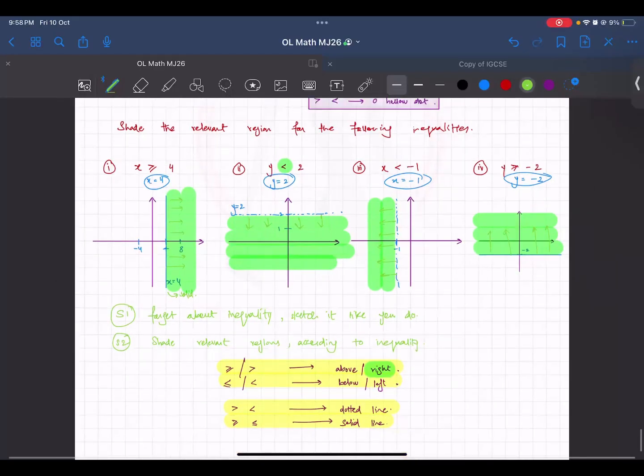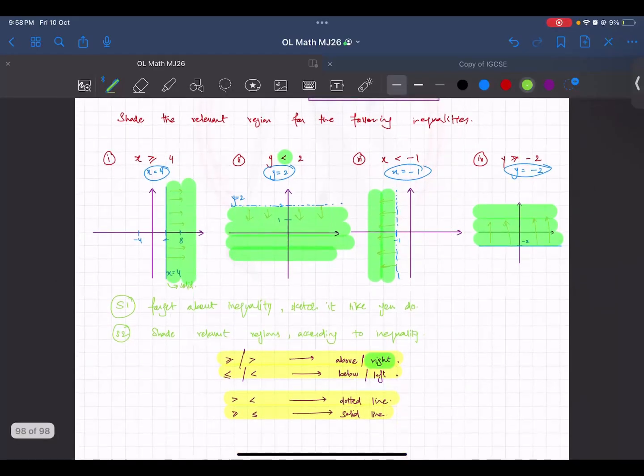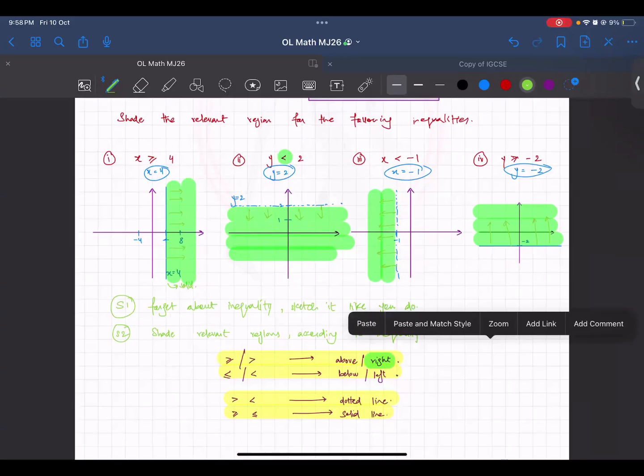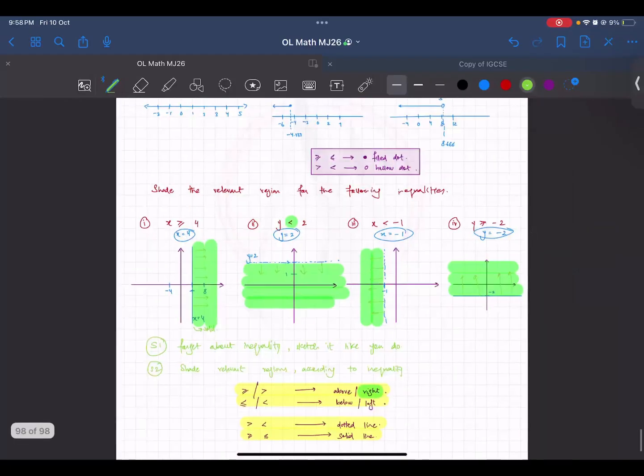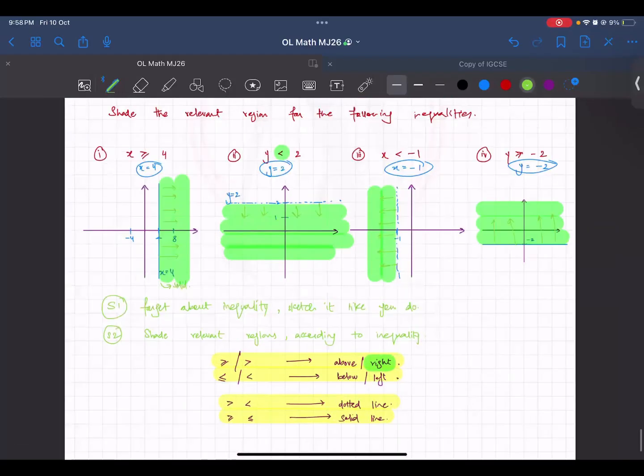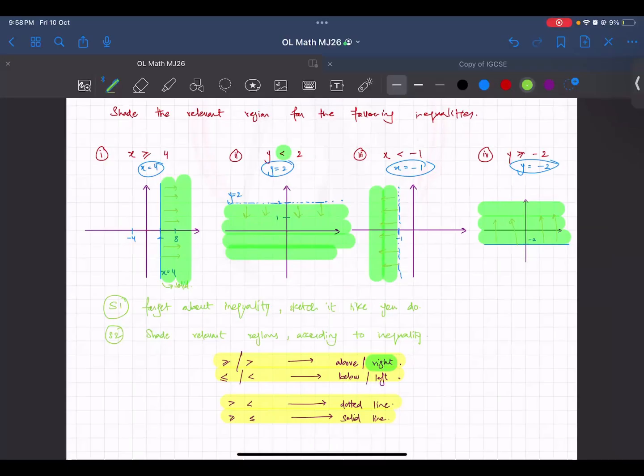These are the easier ones. If they give you individual lines and then the inequality, you can easily get these. If there's any question right now, just ask. I will do some more examples as well.